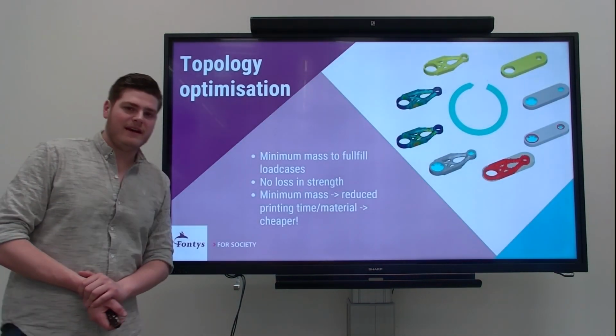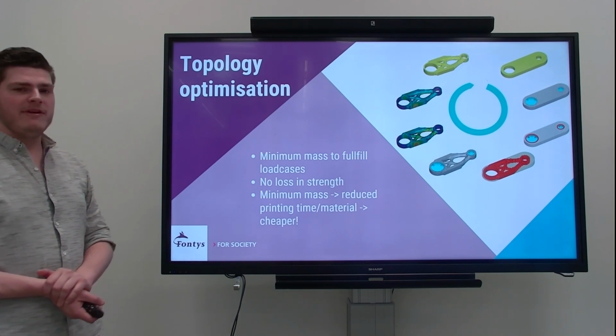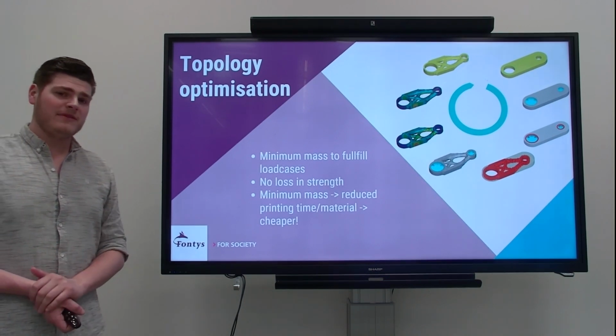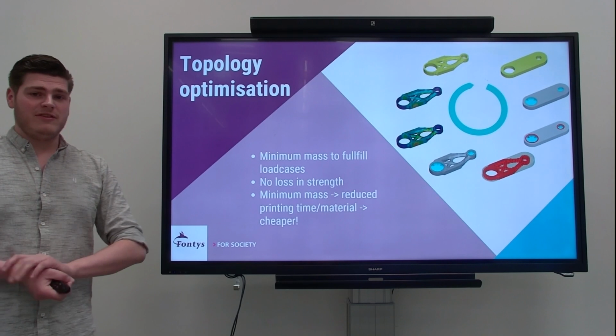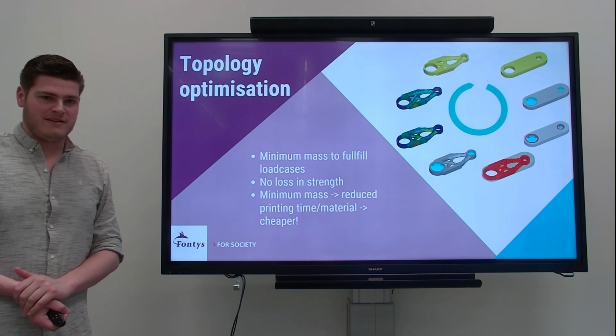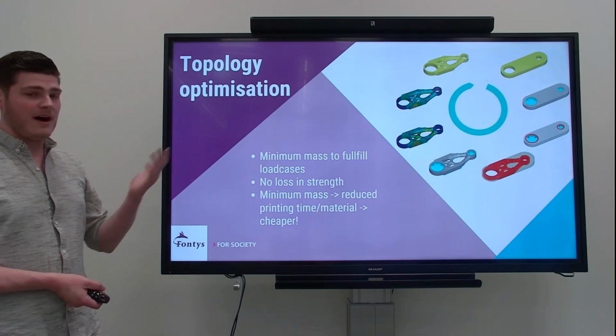And for finding a lighter weight solution, we will be using topology optimization. What is topology optimization? It's the minimum mass. It's using a technique to get the minimum mass to fulfill all these load cases. So we get the lightest product that's still possible to support all these load cases.